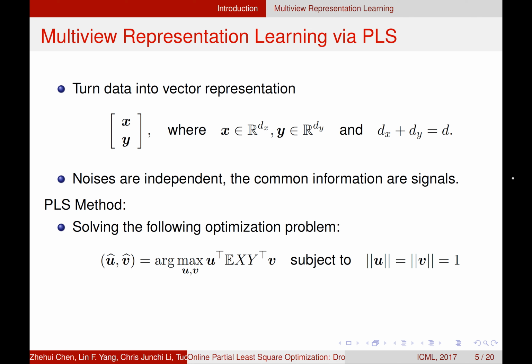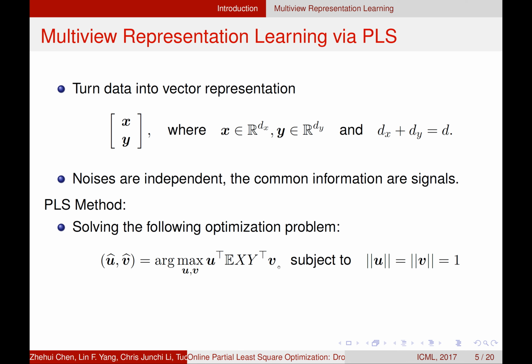The PLS method, partial least square method, solves the following optimization problem. You need to find the two vectors u and v that maximize u transpose times the covariance matrix times v, subject to u and v being unit vectors.